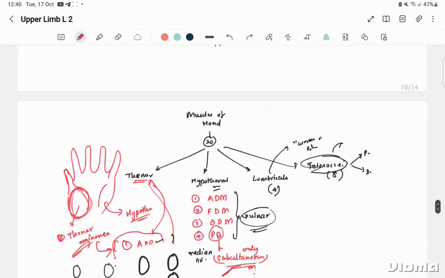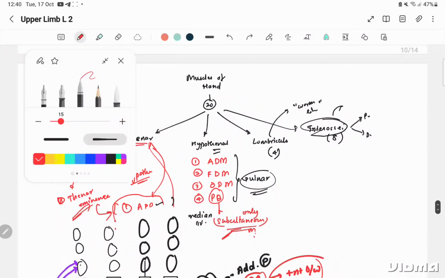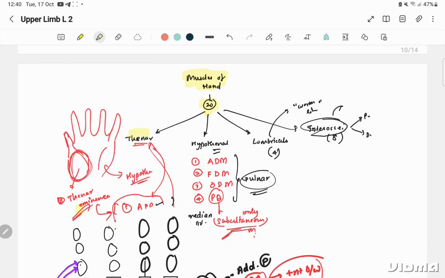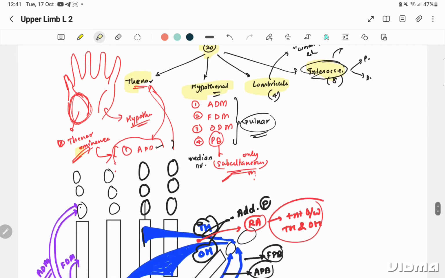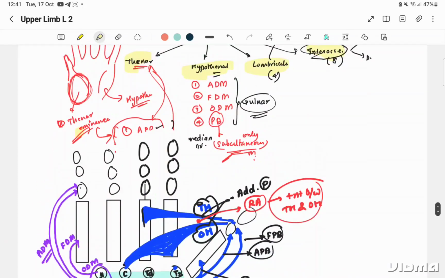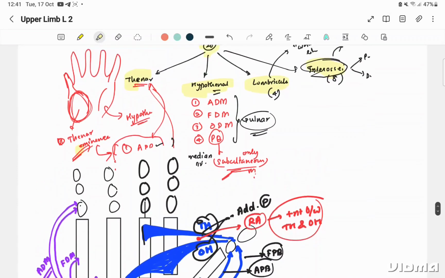So let me revise the muscles of the hand very quickly by this note. Muscles of the hand are 20: thenar, hypothenar, lumbricals and interossi. Thenar muscles are 4 in number. What are the thenar muscles?